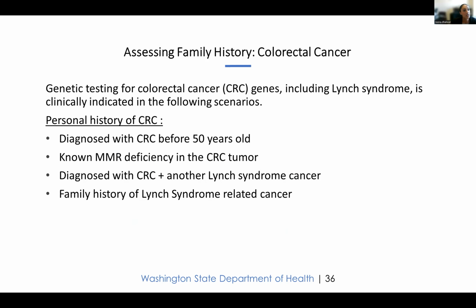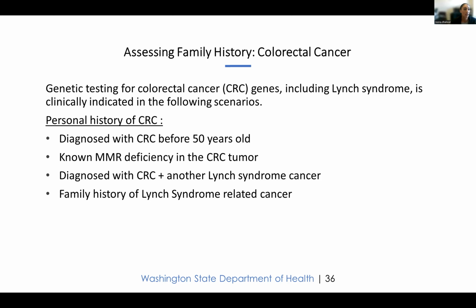Genetic testing for colorectal cancer genes is recommended when there's a personal history of colorectal cancer diagnosed before the age of 50, or when there is a known MMR deficiency in the colorectal cancer tumor or endometrial cancer tumor. All colorectal and endometrial cancer tumors undergo screening for Lynch syndrome that looks at expression of MMR protein.